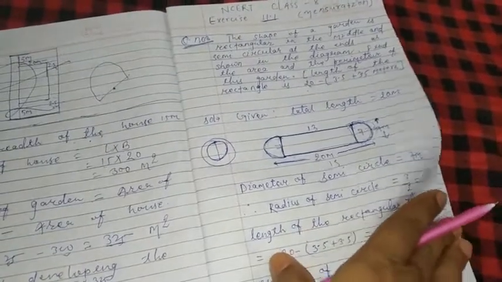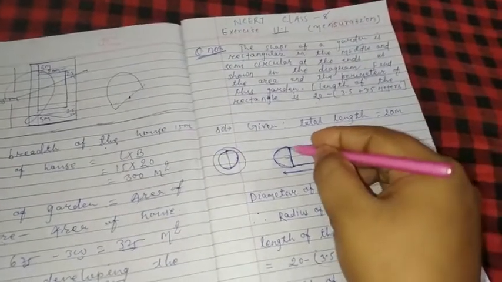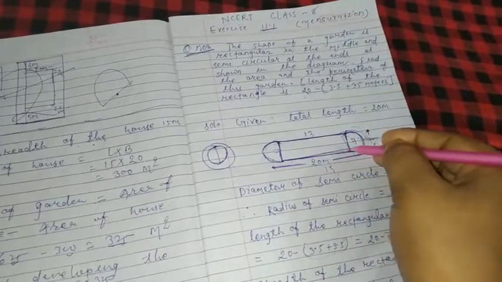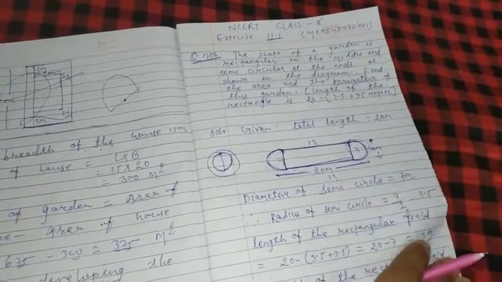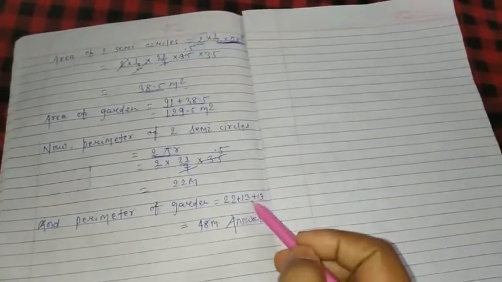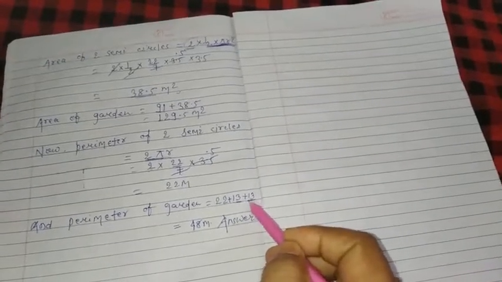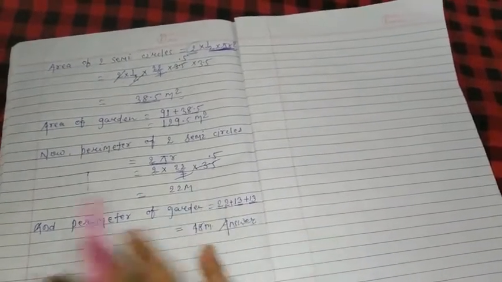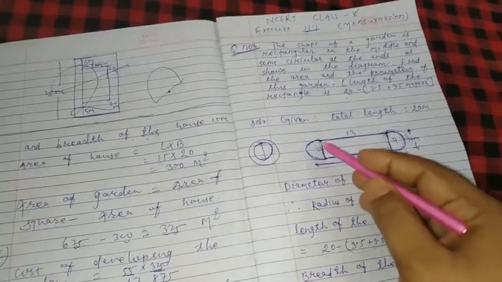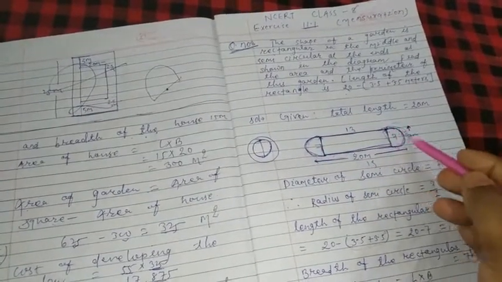Now what remains: you can see here 13 was one side remaining, and this length, 13, was the other side remaining. So in finding the total perimeter of the garden, we have to write 13 plus 13 plus 22, and 22 had come from the perimeter of the semicircles.